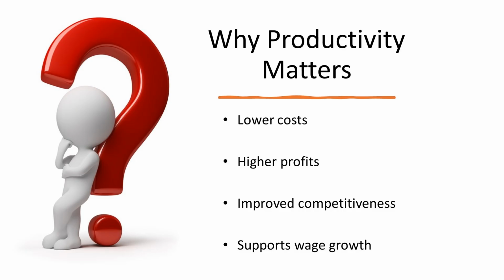This means machines run efficiently, employees perform tasks consistently, materials are used responsibly, and processes flow without unnecessary interruptions. For a production supervisor, understanding why productivity matters helps guide daily decisions and actions on the shop floor.